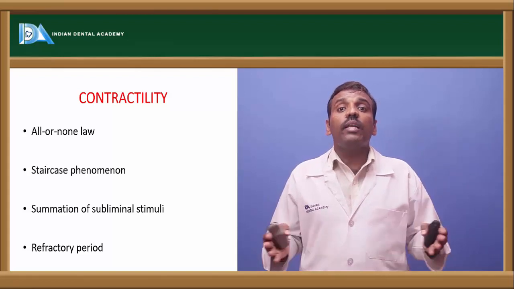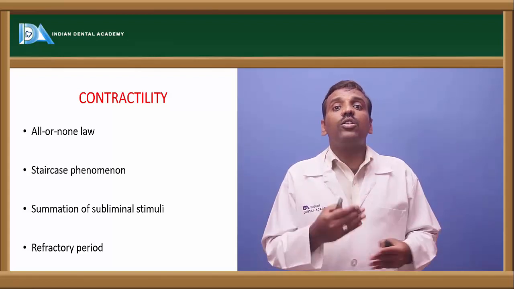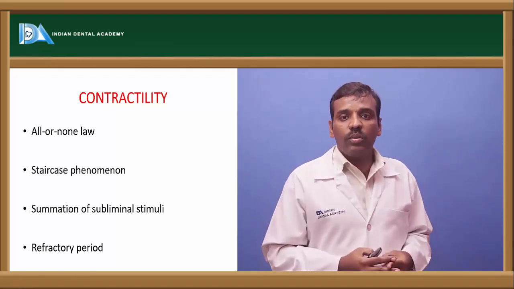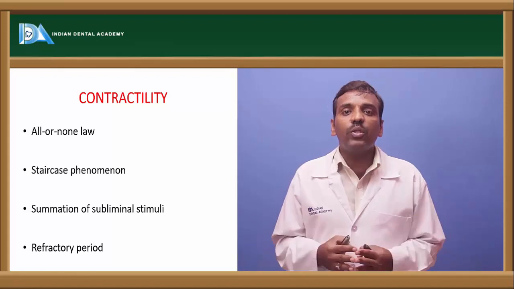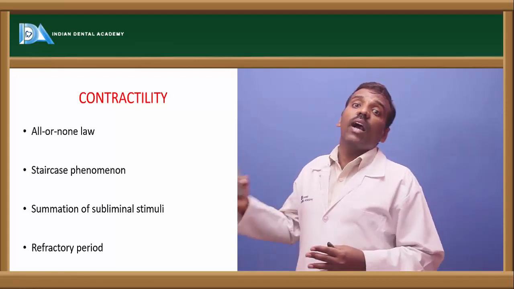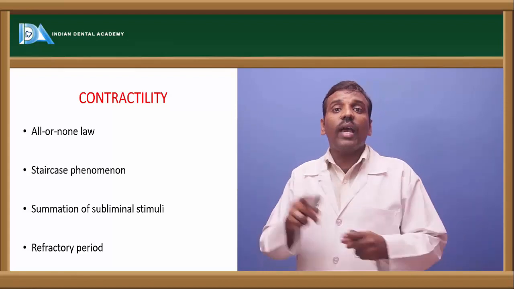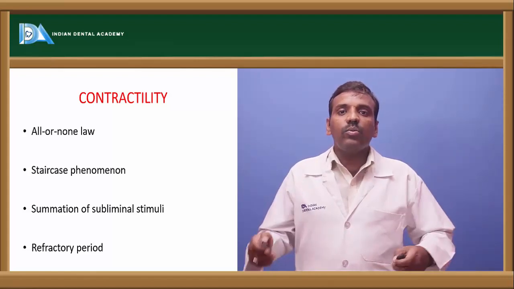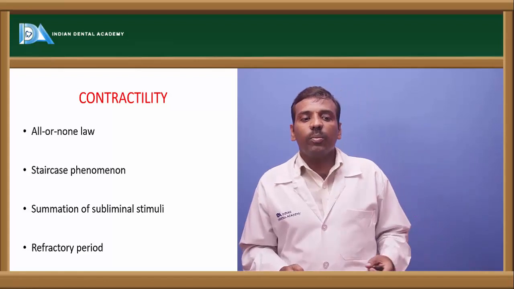Okay, so there is a summation of the stimulus: 2 volts plus another 2 volts plus another 2 volts. And then the heart gives a response to the exact 6 volts. That is what the summation of the stimulus is.